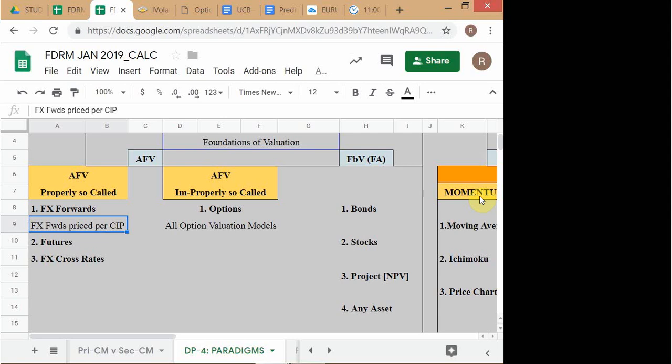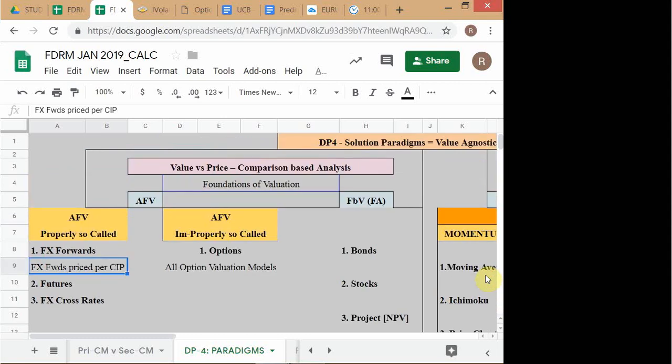Same concept. Essentially these all follow the same framework, which is value versus price. When you connect the NPV analysis, bond valuation or stock valuation to the decision problem of buy or sell, that's when you see this value versus price framework applied.